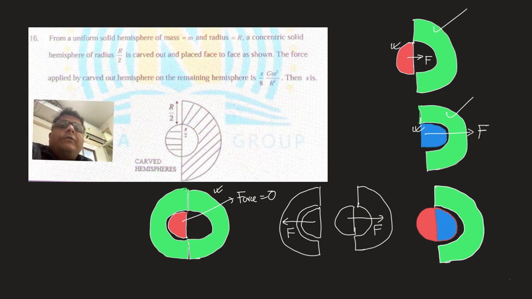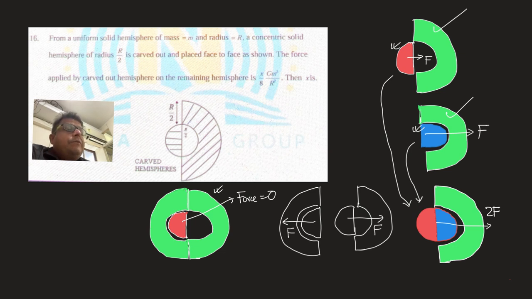So what will be the force on this? The force on this will be equal to 2F, right? Why is it 2F? You can conclude from these two diagrams combined.